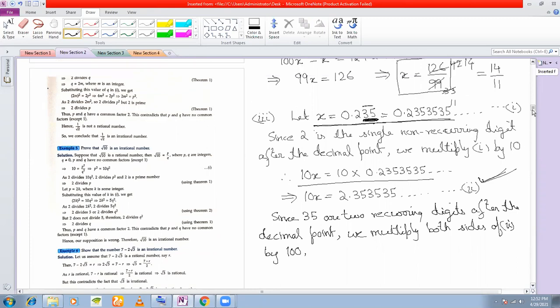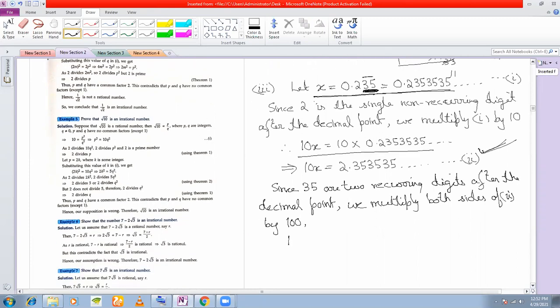Okay. So this we get. Now multiplying 2 by 100, we get 100 into 10x is equal to 100 into 2.35, 35, 35, and so on.